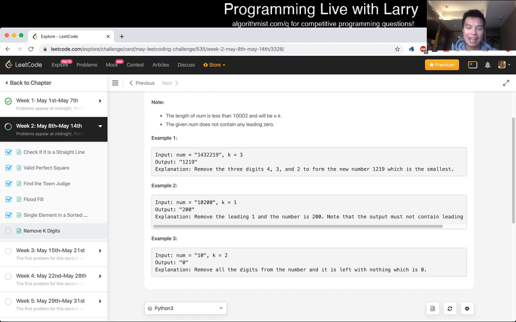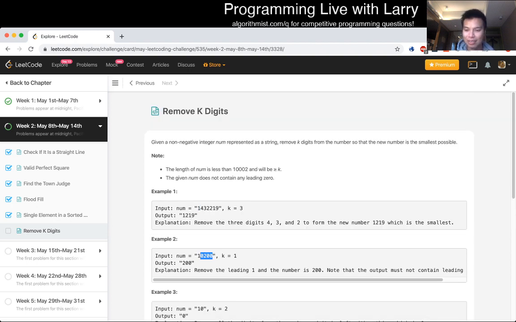I would imagine you remove the two, but then you get 1,000, which is obviously bigger than 200. But then you're okay with leading zeros as long as you just don't print them, which is a really weird way to think about this problem.